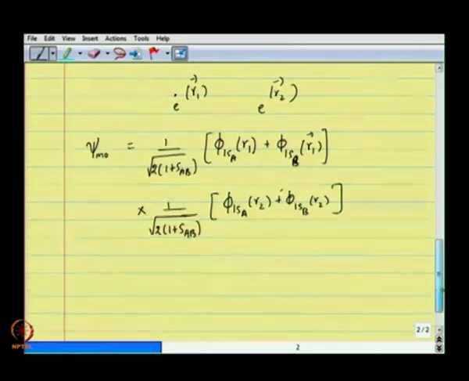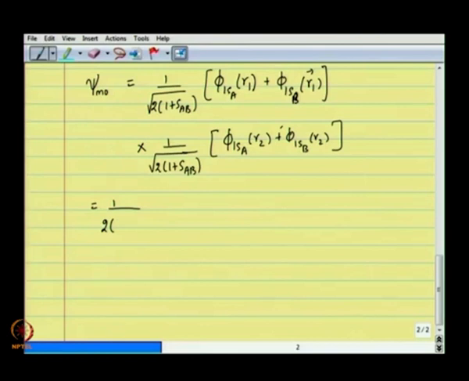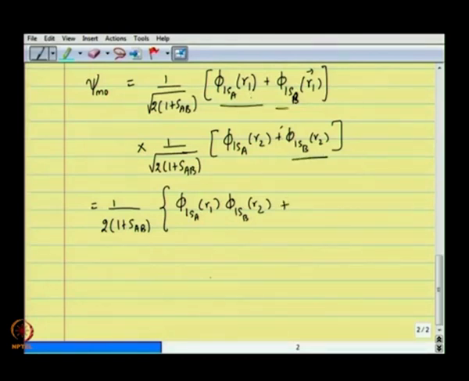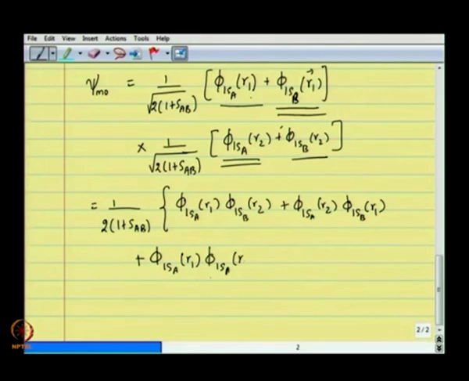Okay. So that the overall wave function consists of 4 terms, namely 1 by 2 into 1 plus S_AB times, let me write it in a slightly different order, not in the order in which you normally do the multiplication, but let me write it as phi 1s A r1 phi 1s B r2, one of the terms that come out by multiplying this and this one, and likewise we will do the multiplication of these two, phi 1s A r2 phi 1s B r1, and then we write the remaining terms, namely phi 1s A r1 phi 1s A r2 plus phi 1s B r1 phi 1s B r2.